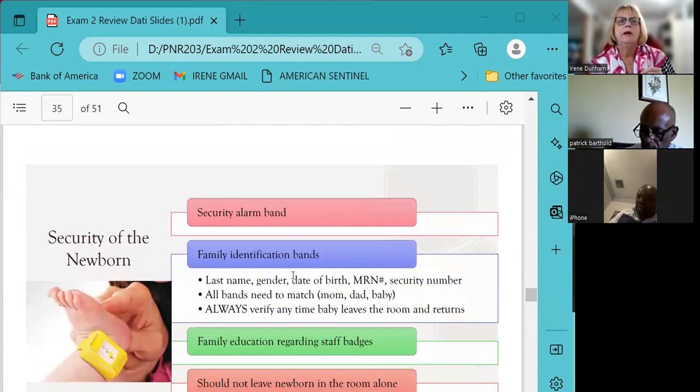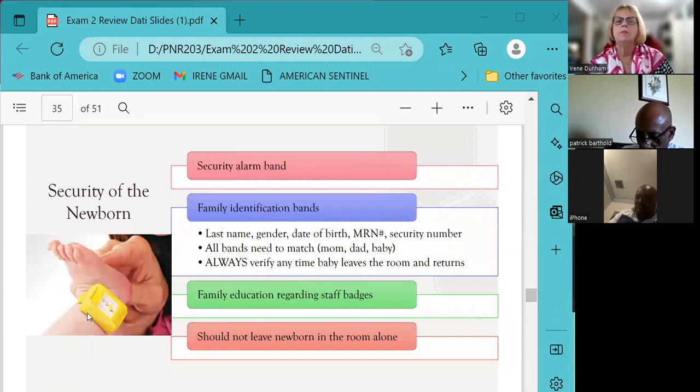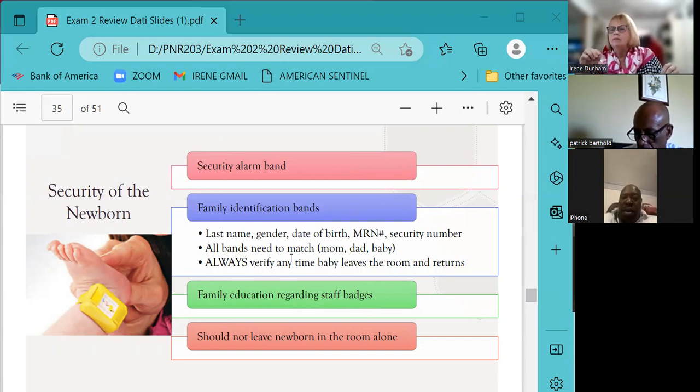We talked about already the security band, and here's a little picture of what they look like. Remember, you have to verify anytime the baby leaves the room and comes back. If a baby's band falls off, everybody gets a new band, and it has to be done with another nurse there. It has to be a witness.